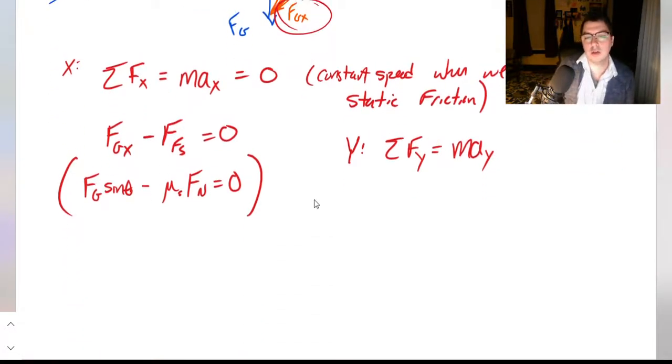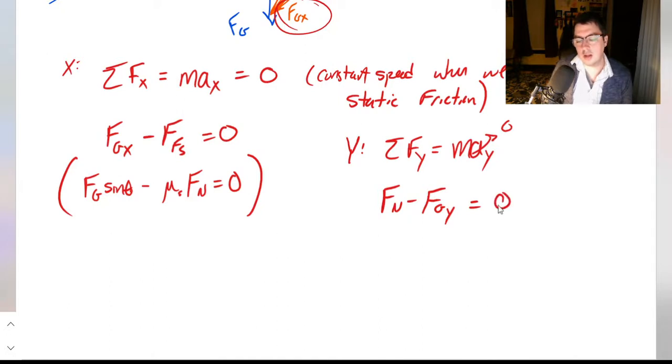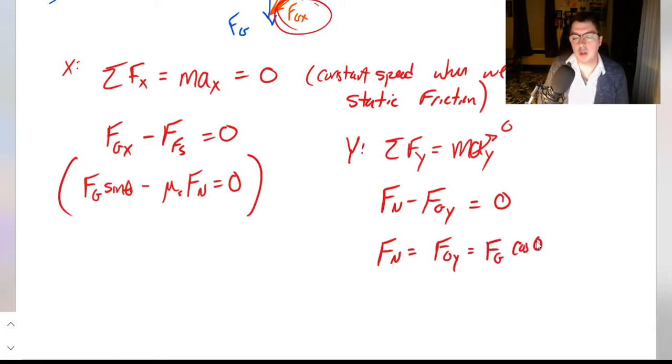So we have F_n minus F_gy equals ma. a_y is 0 because we're not accelerating off the incline, so the whole net force must be equal to 0. So I have that the normal force is equal to F_gy, which is equal to F_g times cosine theta.